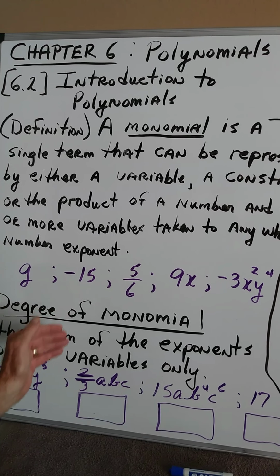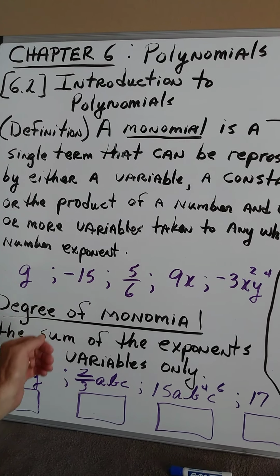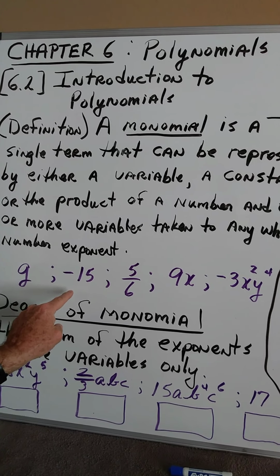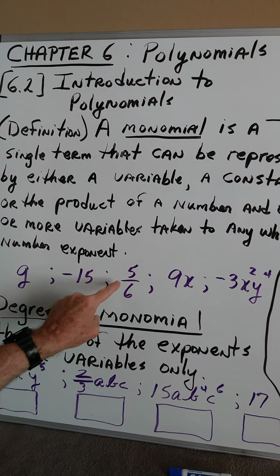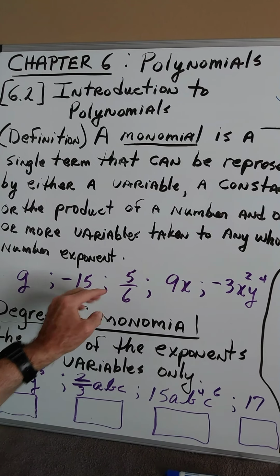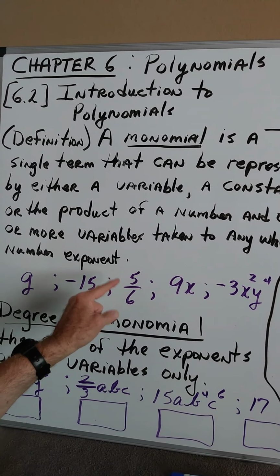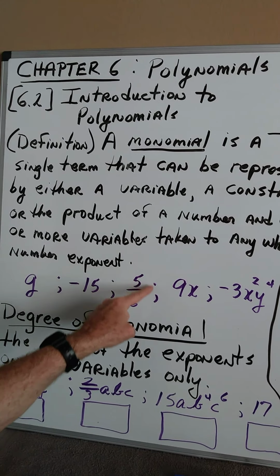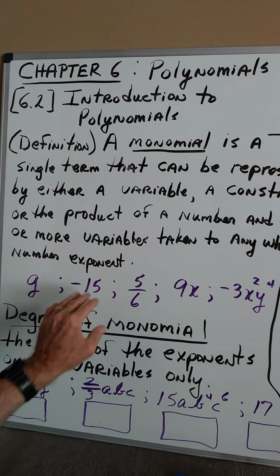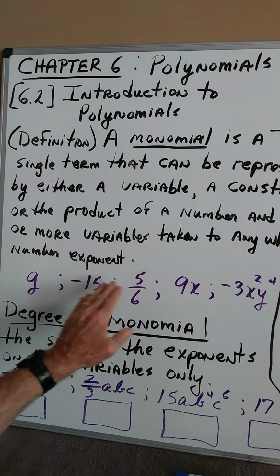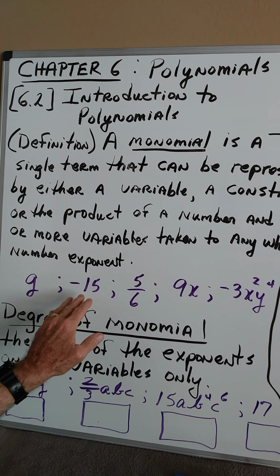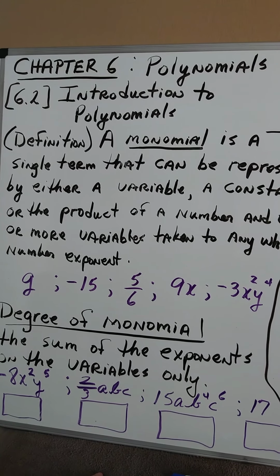It's a real number. It's an integer. It is also a monomial. 5/6 is a constant. It's a rational number. It's a real number. It's also a monomial. Any non-zero constant is an example of a monomial.